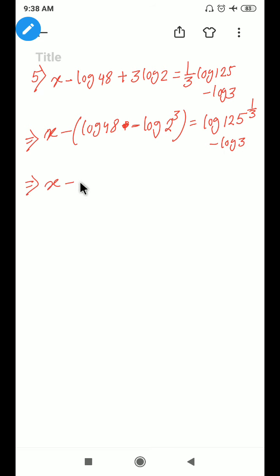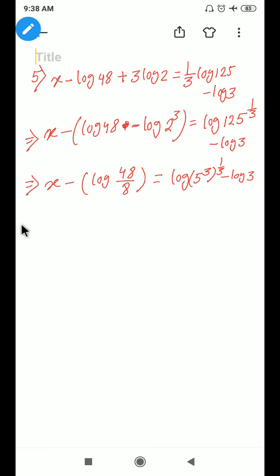So this will be x minus log, subtraction of logarithms will be division, 48 by 2 to the power 3, which is 8, is equal to log of 125, that will be 5 cube, so 5 cube whole to the power 1 by 3, minus log 3.